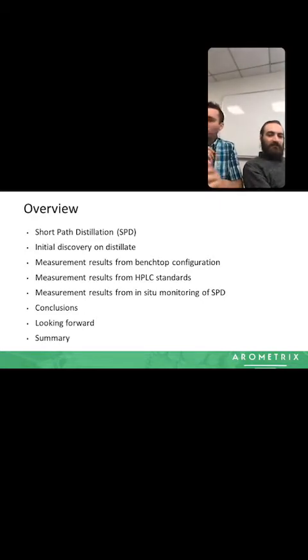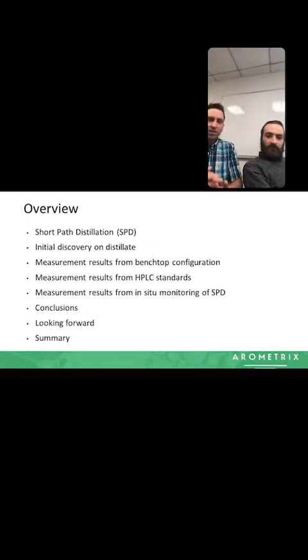We'll go into some of the measurements we made on a benchtop configuration to get a better idea of what the technology and the metrology could do for the distillation process. We'll talk about targeting specific compounds and learning more about specific cannabinoids with the system.